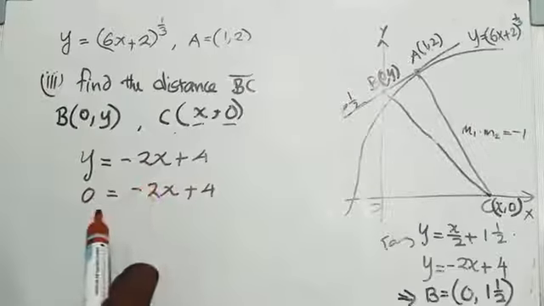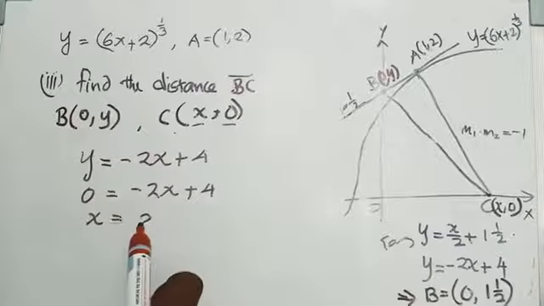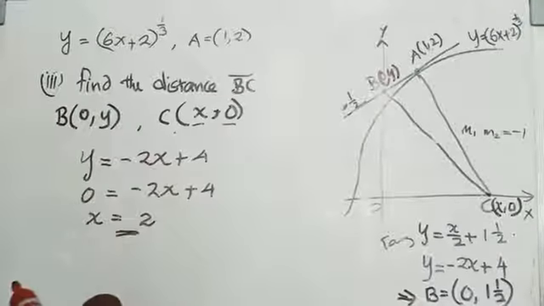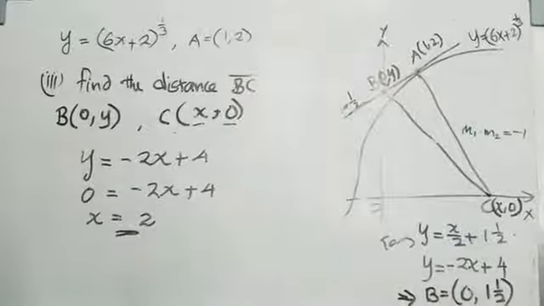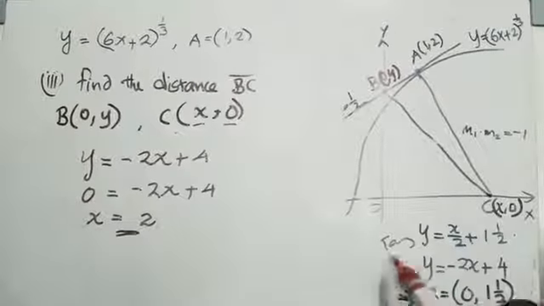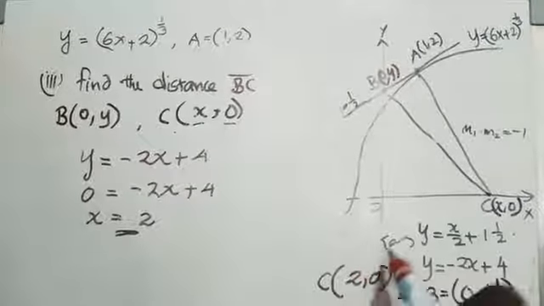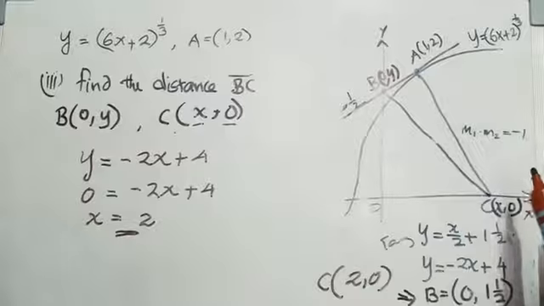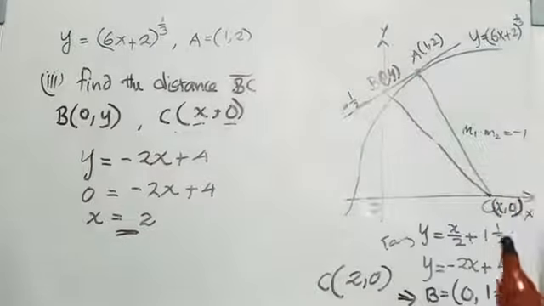When you simplify it, we get the value of x as 2. So we got the point C as (2, 0) and B as (0, 1.5).